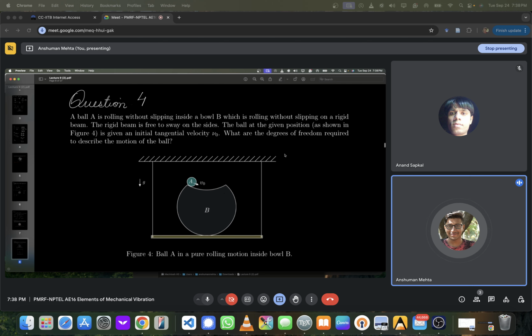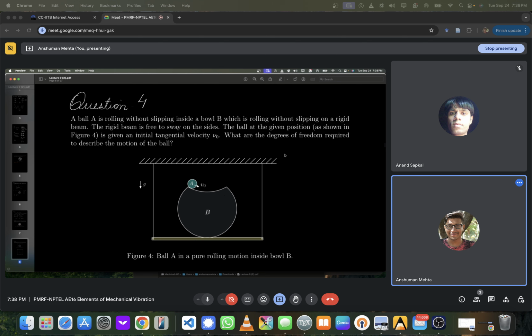Now moving on to question number 4. So here a ball is rolling without slipping inside a ball B, which is rolling without slipping on the rigid beam. The rigid beam is free to sway on the side, and the ball is at the given position.